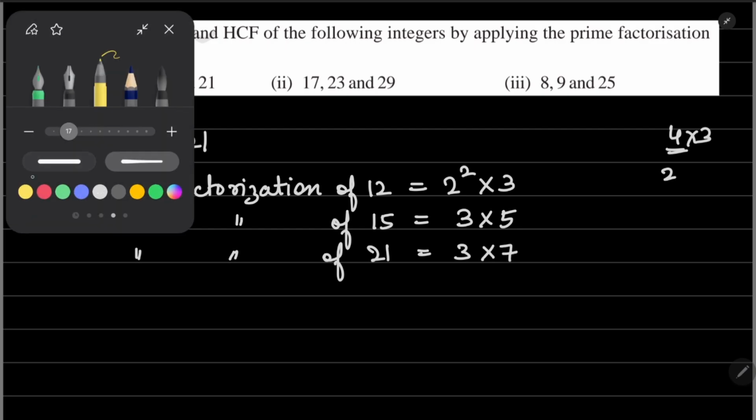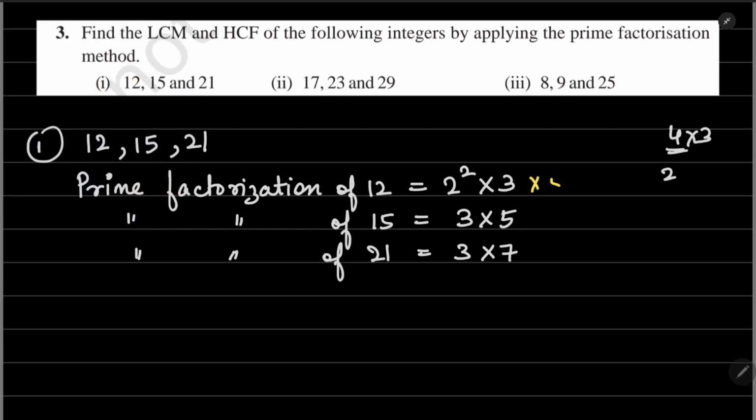So we can put an extra 5 raised to the power 0 wherever we don't have a 5. Here you have 2 raised to the power 0, and here 7 raised to the power 0. So wherever you don't have a factor, the first one has 2 and 3, the second has 3 and 5, and 3 is common.